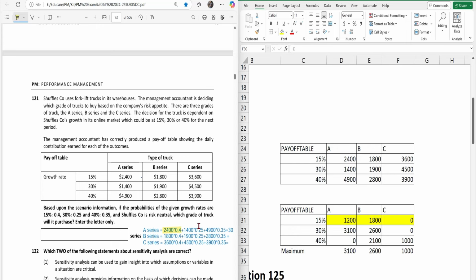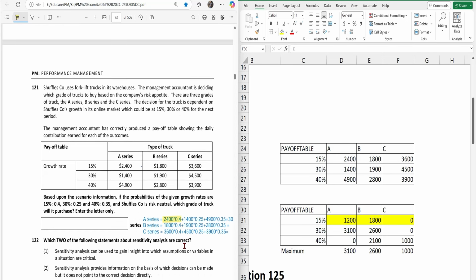Now you need to add all these and you will get one number. Similarly for B, I have taken these values and multiplied by the respective probabilities, and similarly for C. So now add all these separately for series A, series B and C. Whichever series gives the highest figure, just go with that. Okay?